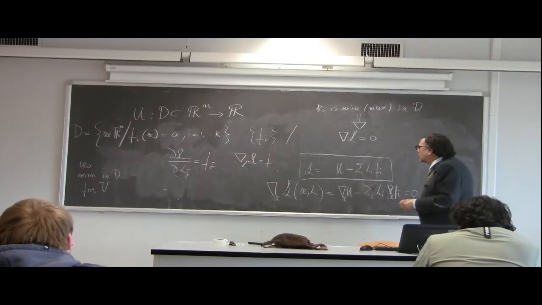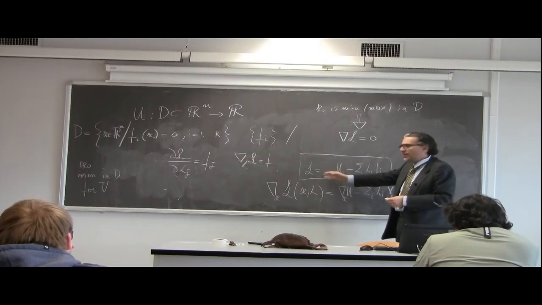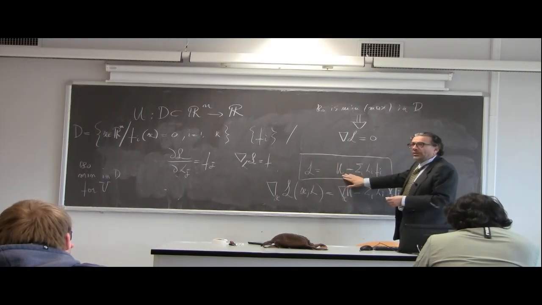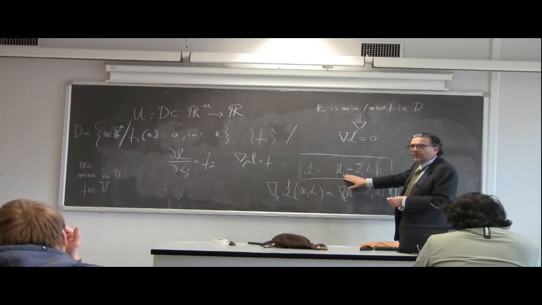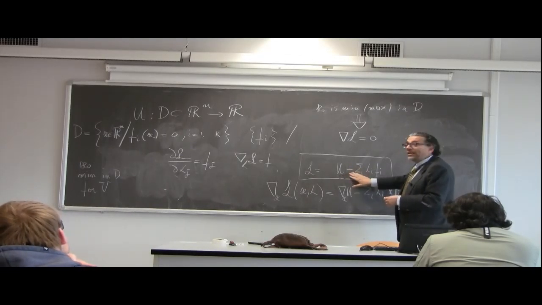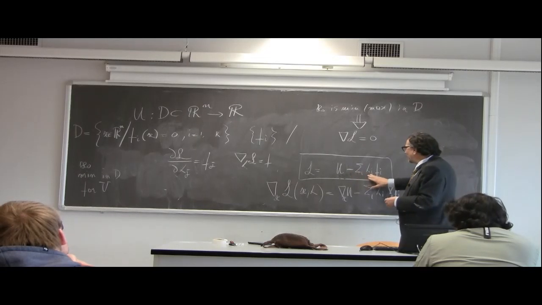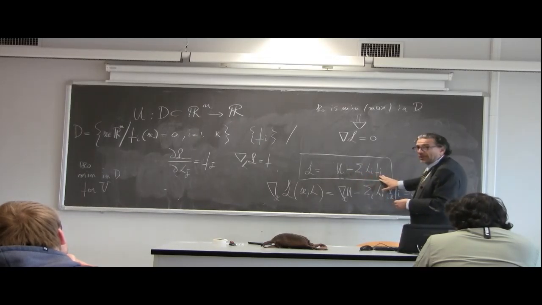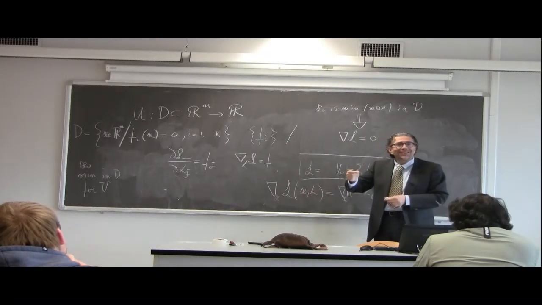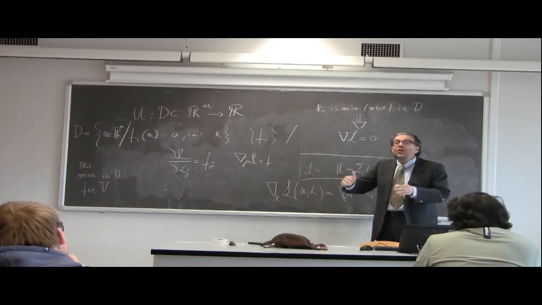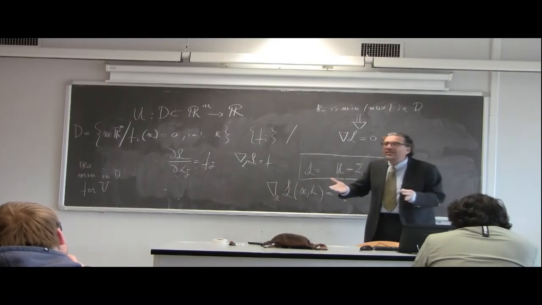This Lagrangian is the difference of U, the function which I want to optimize, minus the summation over i of lambda i F_i. This is clearly a function of n plus k variables. So you are increasing the number of independent variables.